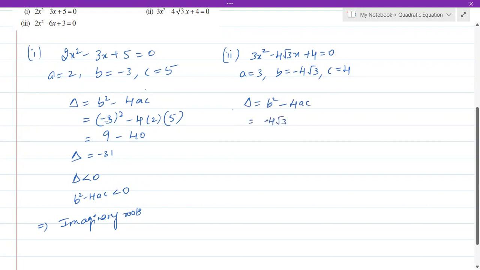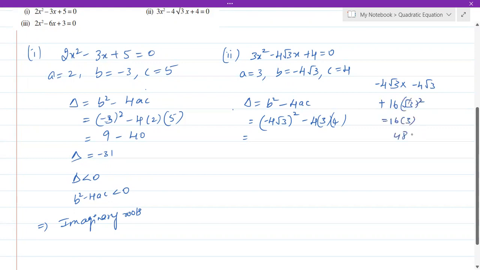Minus 4 root 3 the whole square, minus 4, a is 3, c is 4. Now minus 4 root 3 the whole square: can I write it as minus 4 root 3 into minus 4 root 3? Minus into minus is plus, 4 4s are 16. Root 3 into root 3 is root 3 squared, so the square and root get cancelled. We'll be left with 16 into 3.